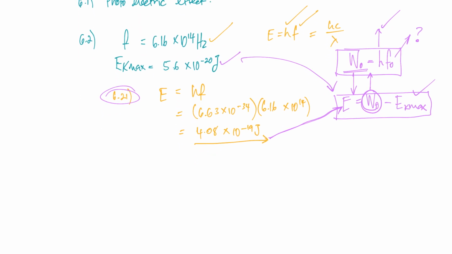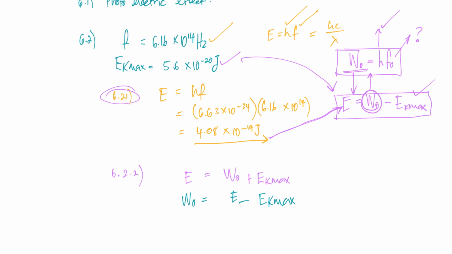Let's have a look at how this is going to play out. 6.2.2. The first thing you write down is E is equal to W0 plus EK max. You'll manipulate your formula only to make life easier for you, and say W0 is equal to E minus EK max.